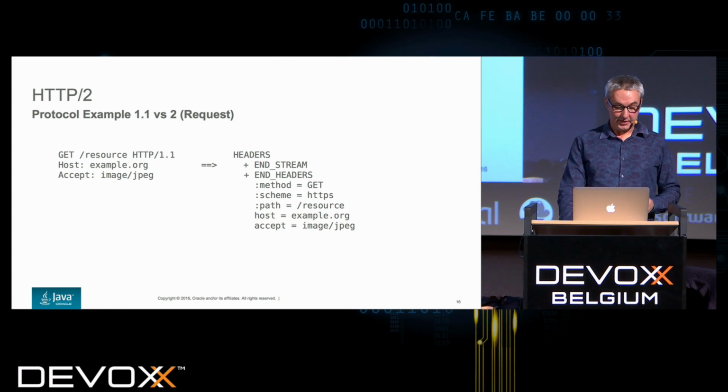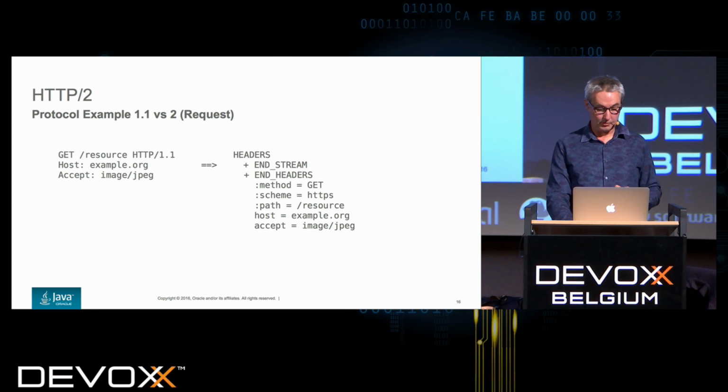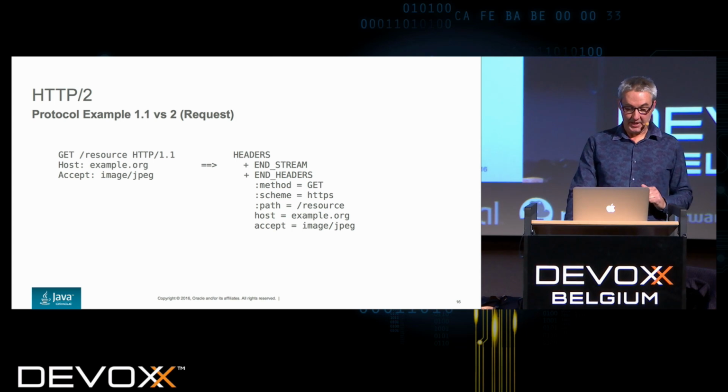End stream signifies that this is the final frame sent by the client on this particular stream. So there are no more frames to follow this one, and that's simply because it's a request with no request body. And the end headers flag is set to signify that all of the headers are contained in this frame, or at least there are no following continuation frames.